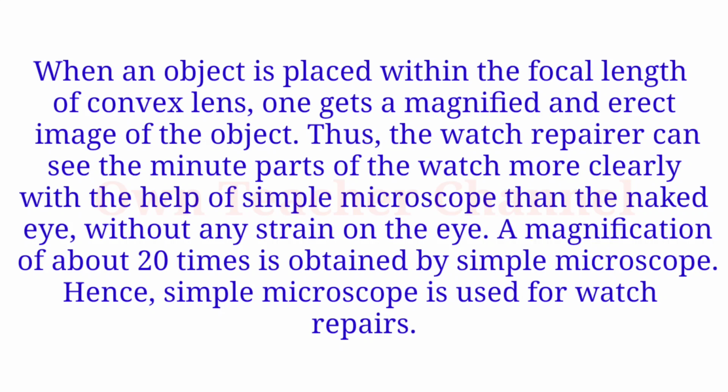Thus, the watch repairer can see the minute parts of the watch more clearly with the help of a simple microscope than with the naked eye, without any strain on the eye. A magnification of about 20 times is obtained by a simple microscope. Hence, a simple microscope is used for watch repairs.